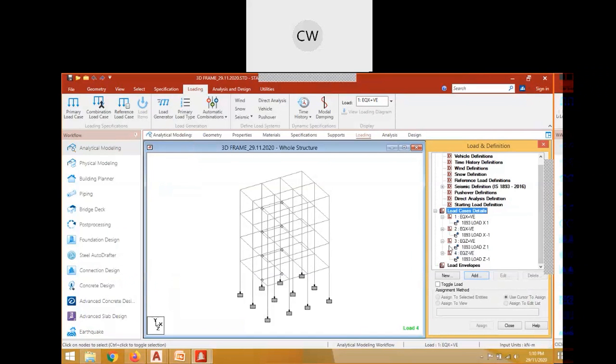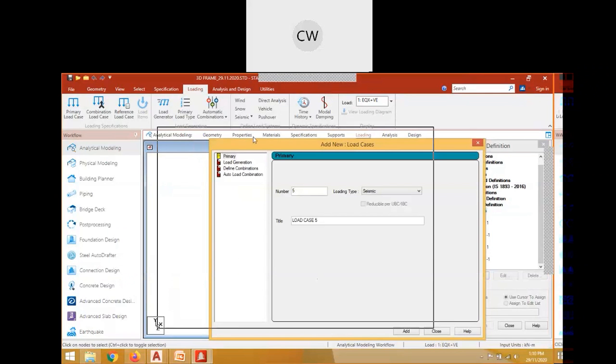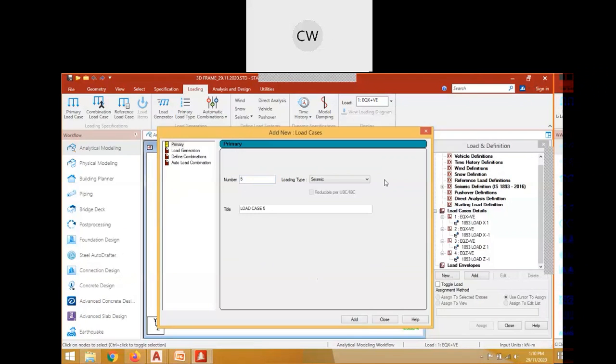Now we will create two more load cases for the other loads, that is dead load and live load, and then we will apply it to the structure, correct? So say new, or you can say add also. It is a primary load case, case number 5, and we will say this is a dead load case.